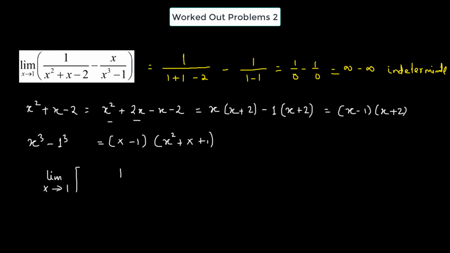We have 1 divided by x minus 1 times x plus 2, minus x divided by x minus 1 times x squared plus x plus 1.